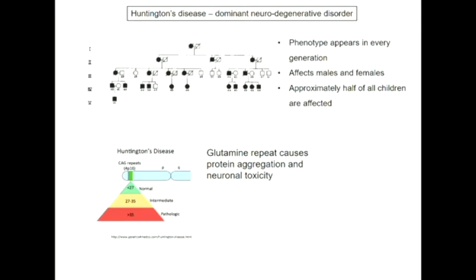Of course, it's also statistics. So if you look at that pedigree, you might say, hang on, there's more than half of the children affected. That's because each birth is an independent event. But if you looked at 100 families, the statistics would come out as I've written them here, or very close to it. So, genetics is all about probability.